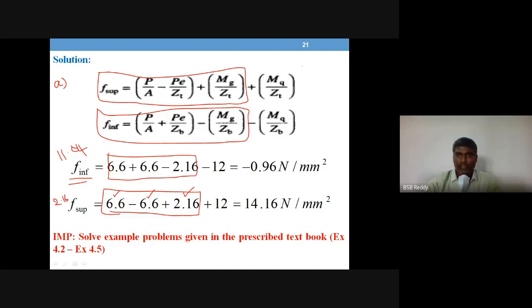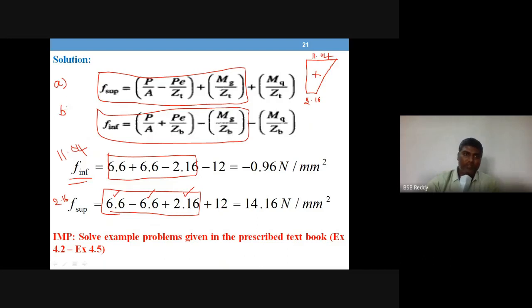So the final stress diagram is roughly 11 compression and 2 compression. So 11.04 compression and 2.16 compression. So that is the total compressive stress when only self weight is acting.